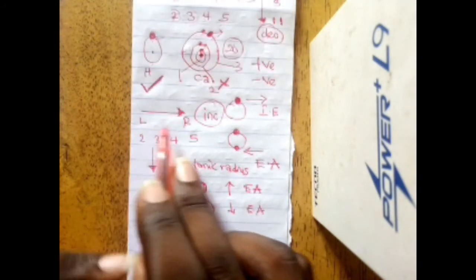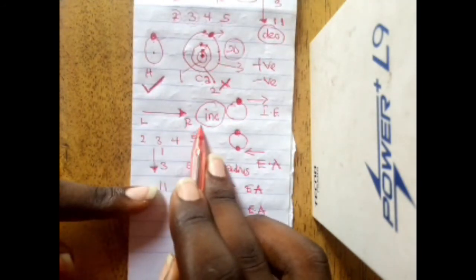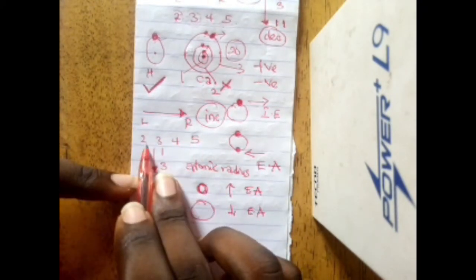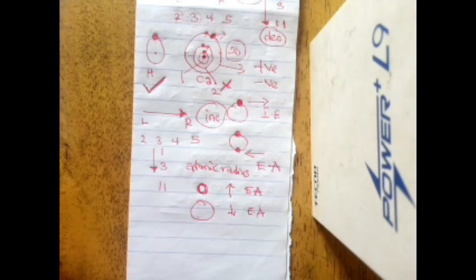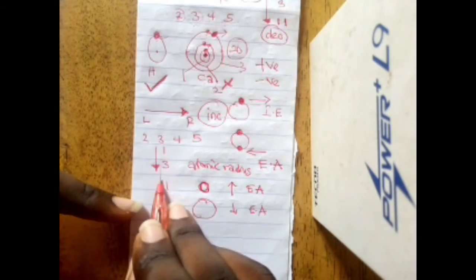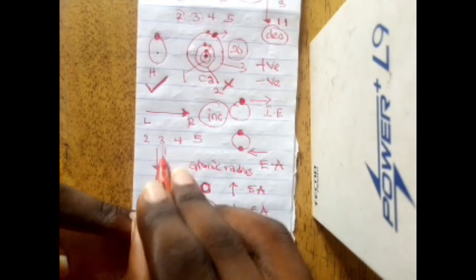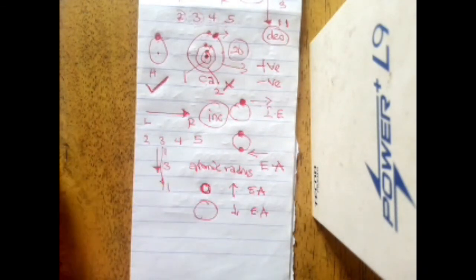So as you move from left to right of the periodic table, the atomic size decreases, causing an increase in the electron affinity, whereas moving down the group, the atomic size increases, causing a lesser affinity for electrons by the atom.